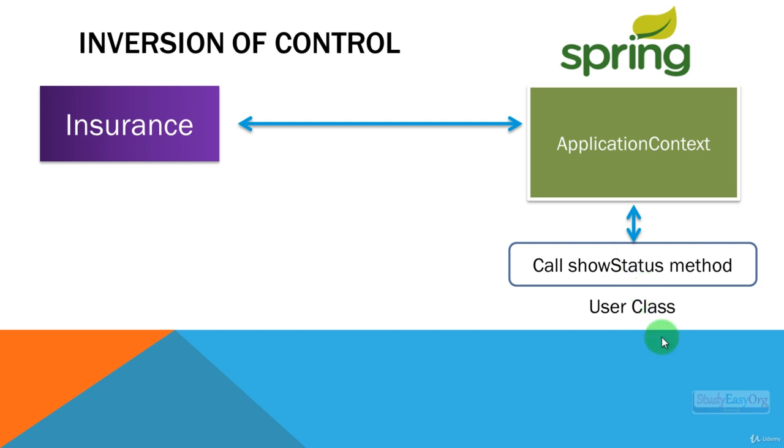And we would be calling this method show status based on the object which is provided to us by the application context. So this is a very high-level explanation of this concept, inversion of control, and when we implement it, things will be more clear to you guys.